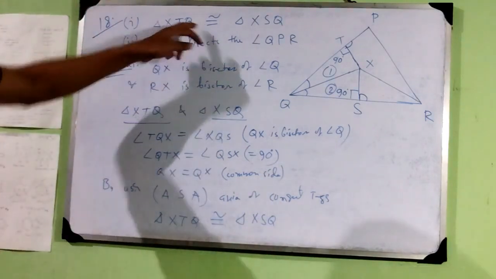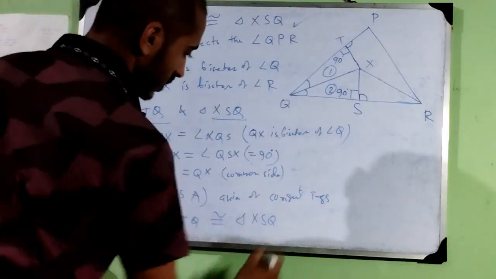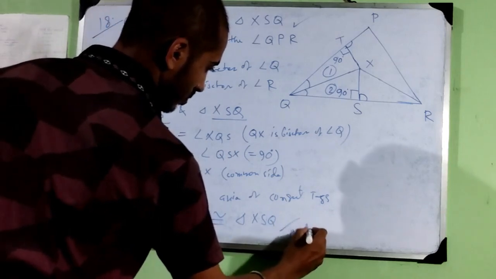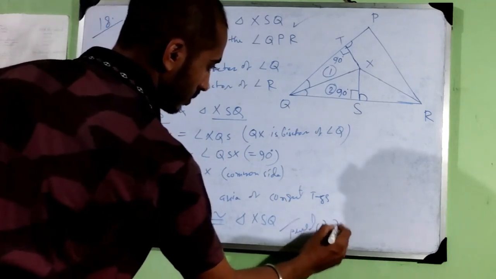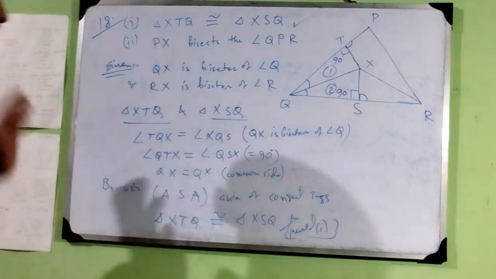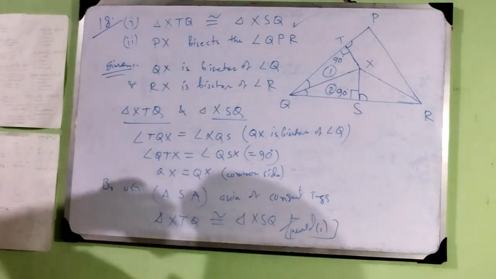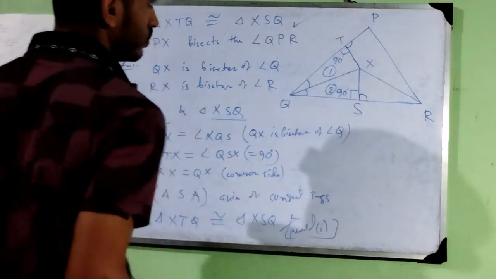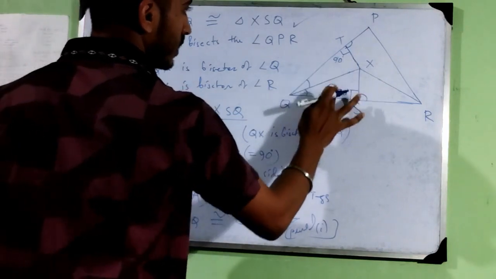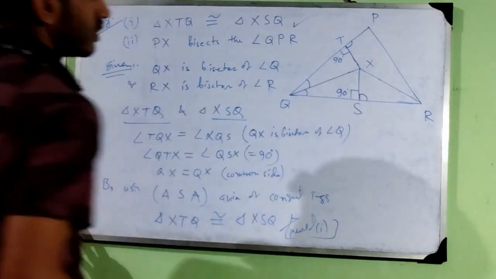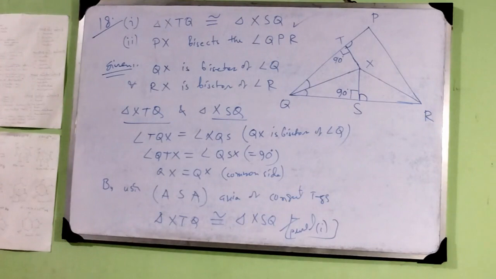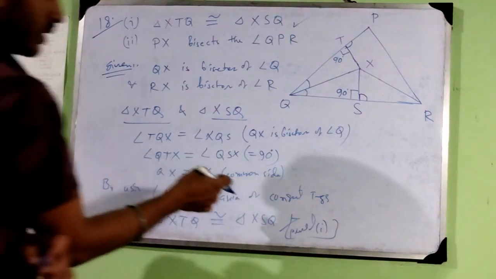It proves the first part. Then the two triangles are equal, this triangle and that triangle. Done.